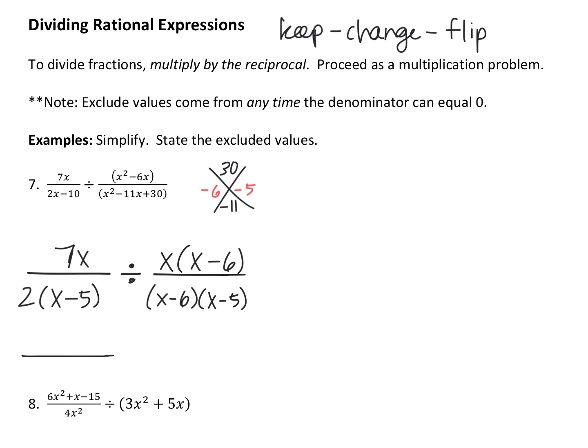I use that instead of an x, just so we're not confused about it being an x, because it's not. 7x and 2x minus 5, that's the same. And then x minus 6, x minus 5 is now on the top in the numerator, and then this flips to the other side. So all you have done is kept the first fraction, changed to multiplication, flipped the last one.